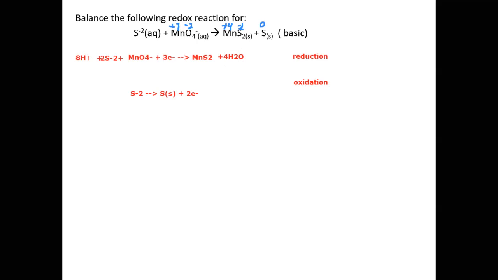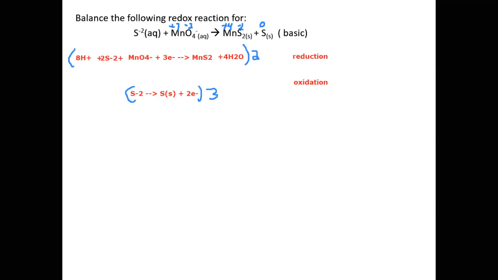So now let's see. That is -4. Okay, that's 0. All right. So now we're going to multiply this by 2 and this by 3. So what do we get?